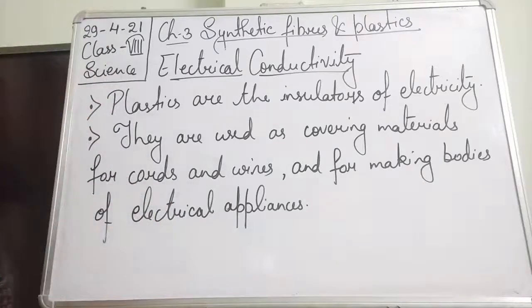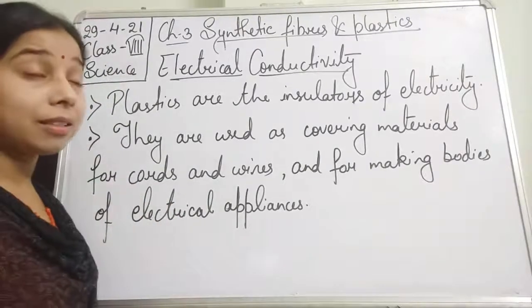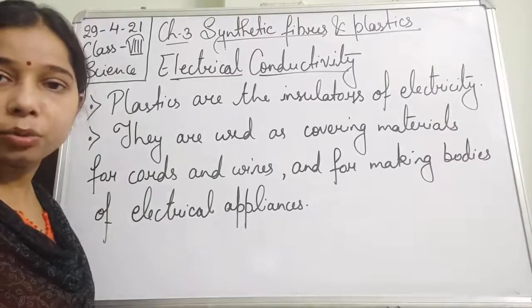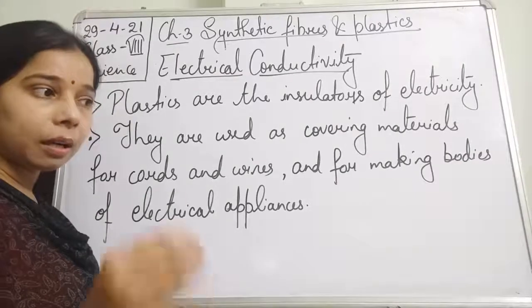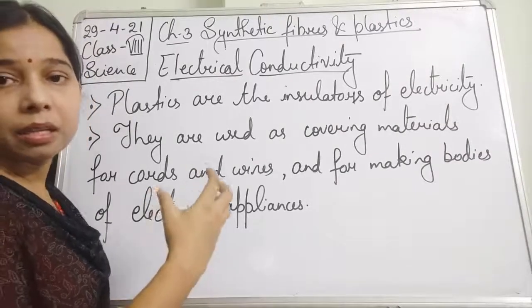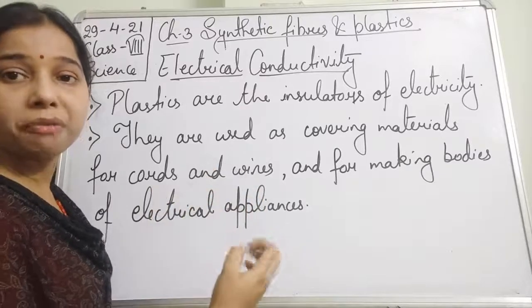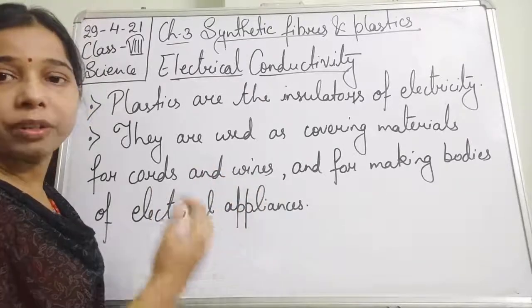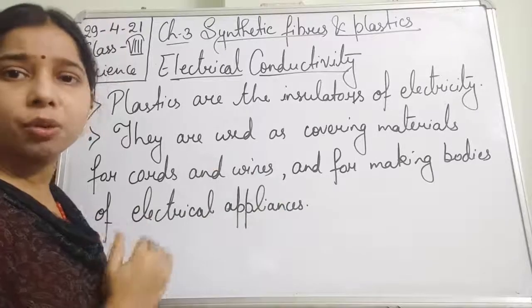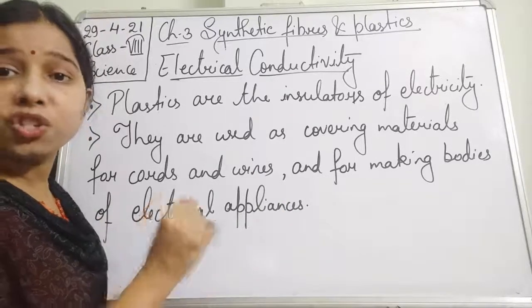Next one is, students, that it is inexpensive. Absolutely. If you compare the cost of a metal object or a glass object to that of plastic, you will find that plastic is quite cheap.